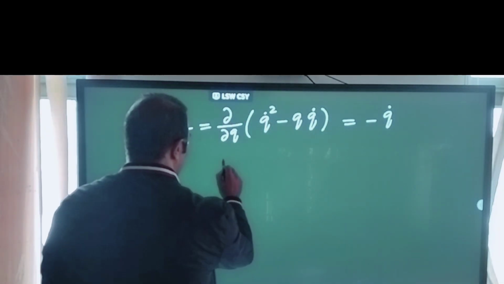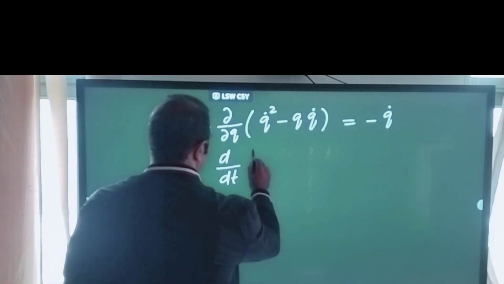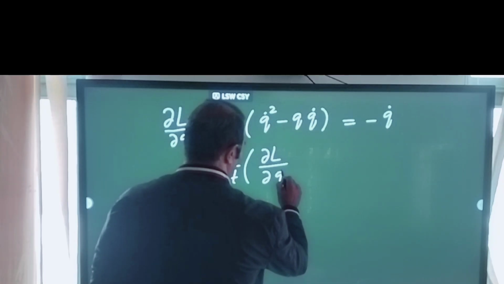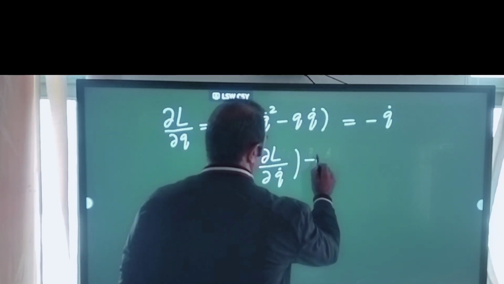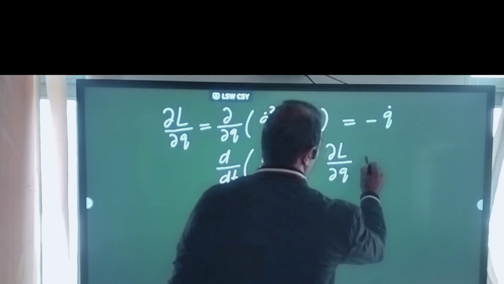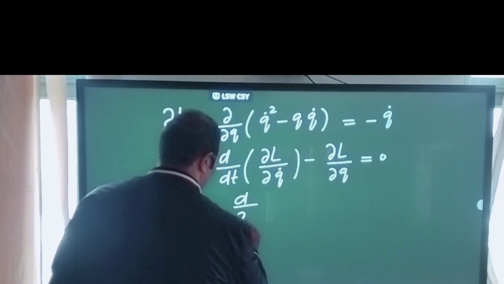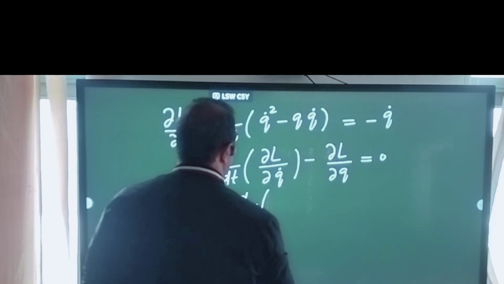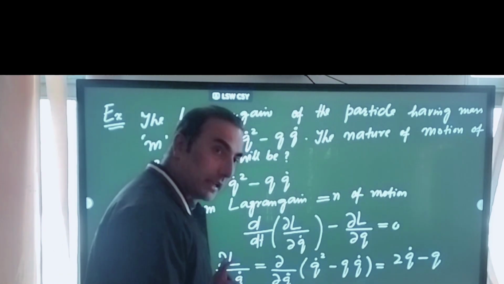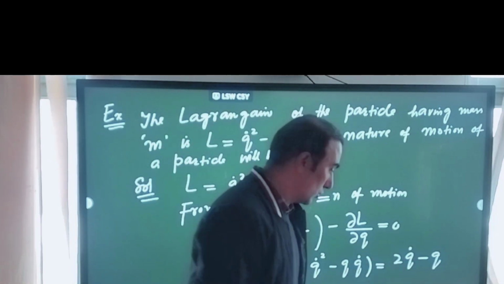So from Lagrangian equation of motion, we have that d by dt of partial L upon partial q dot minus partial L upon partial q, that is equal to 0. Or this is equal to d by dt of, what's our partial L upon partial q dot? जो partial L upon partial q dot आया है, so that is twice q dot minus q.